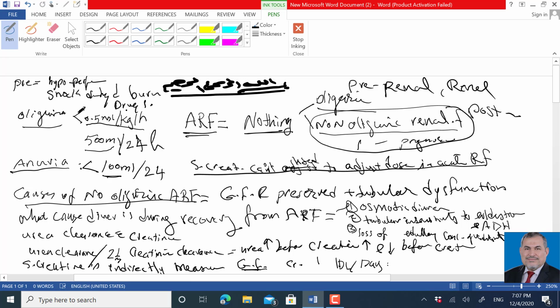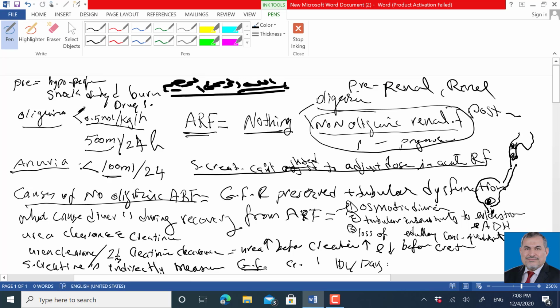Most common post-renal causes are mechanical obstructions. Post-renal causes are usually in the pelvis, ureter, could be bladder, prostate, urethra, and so on.